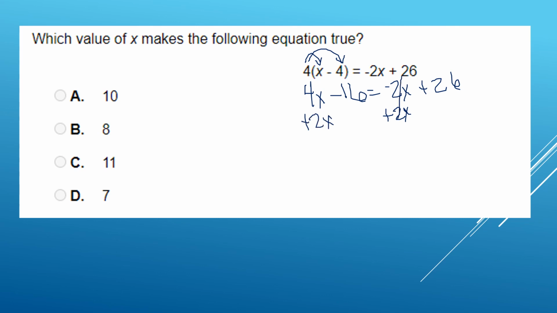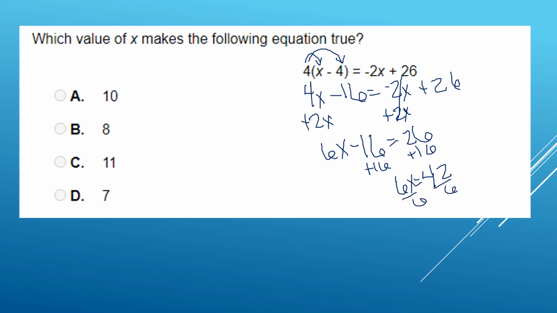So here it forms that zero pair, and you're just left with 26. 4x plus 2x is 6x. Then I've got minus 16 I need to get rid of. So I'm going to add 16. And I do get 42. And then divide both sides by 6. And I do get 7. So D is your answer.